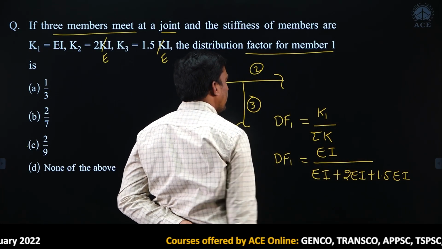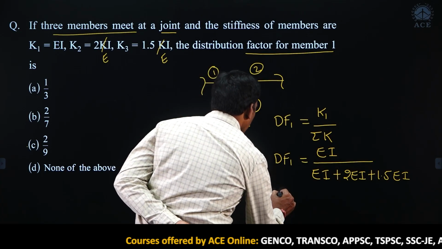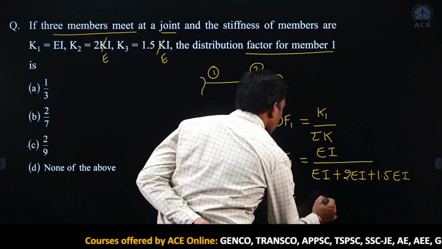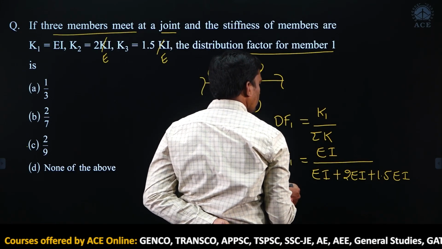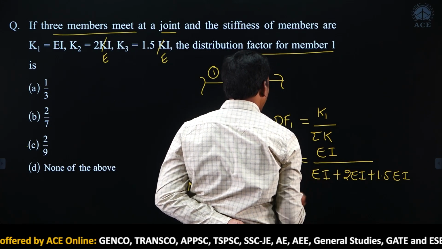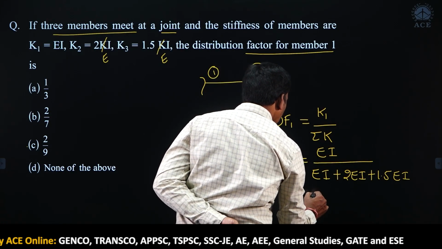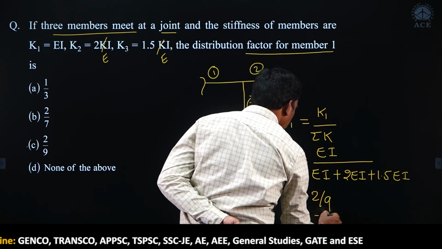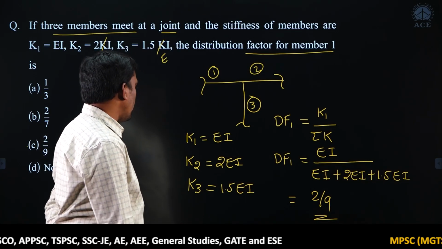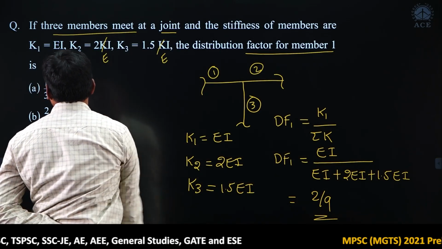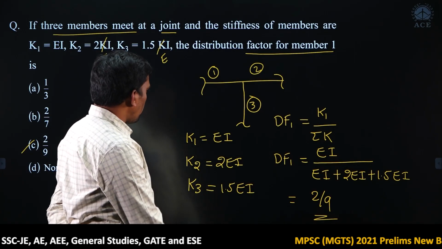Then EI gets cancelled. Then what is the value? Here it is 1 over 4.5. Check this value, please, and you will get 2/9. Then option C is correct. Note it down please.